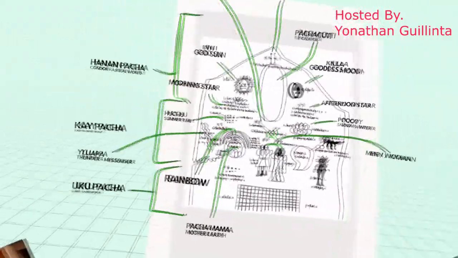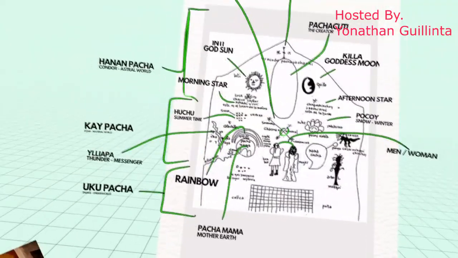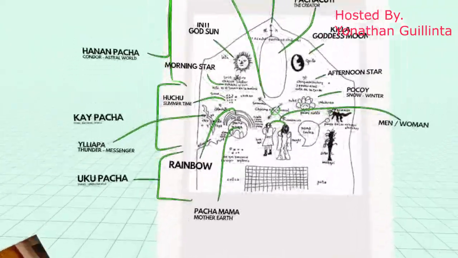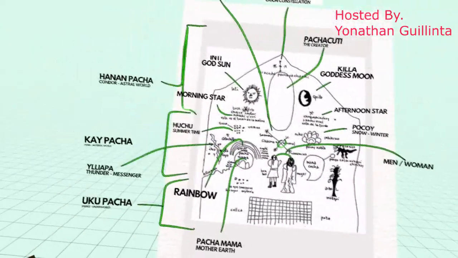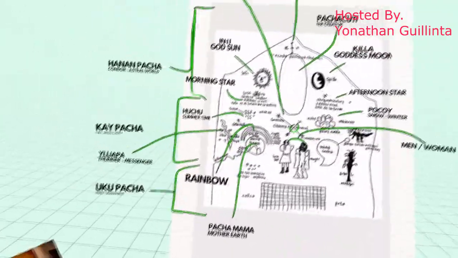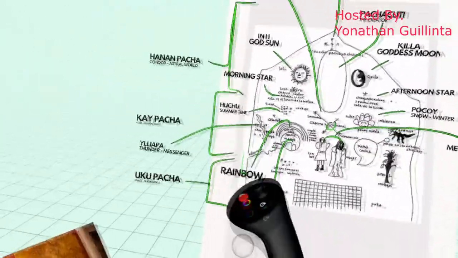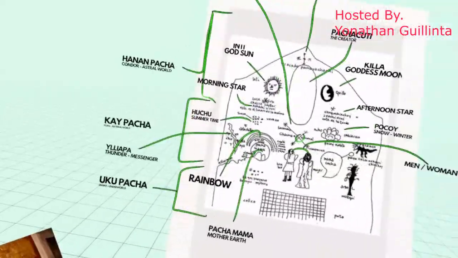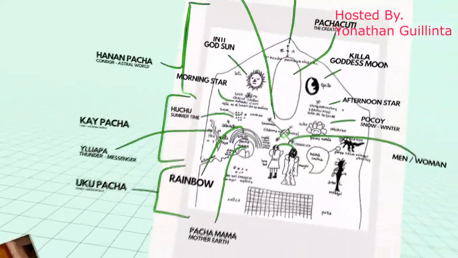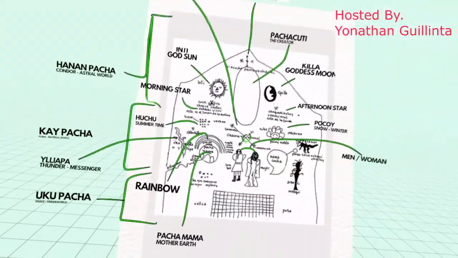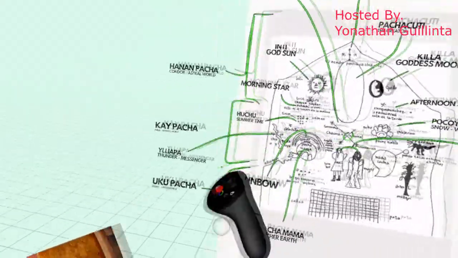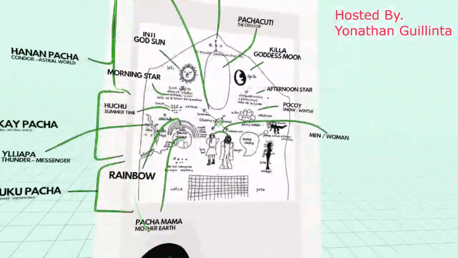It's going to be a big break in the sky, and then water is going to start pouring. It's a good thing for the agricultural fields. So the thunder was one of the messengers that announced a good harvesting time. It's called the Illapa, and it's right here.